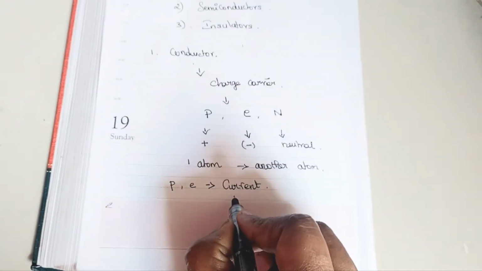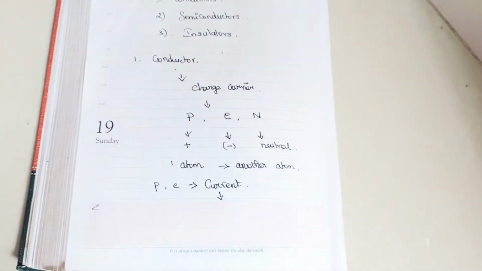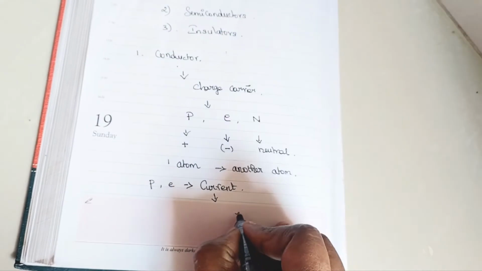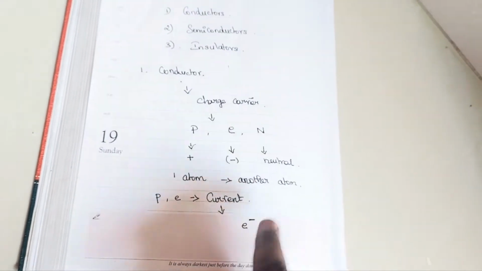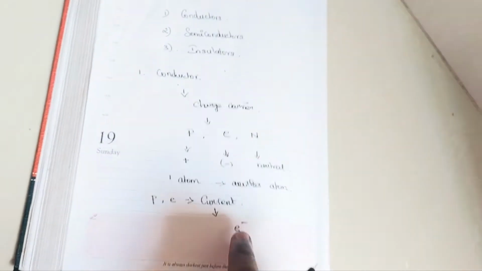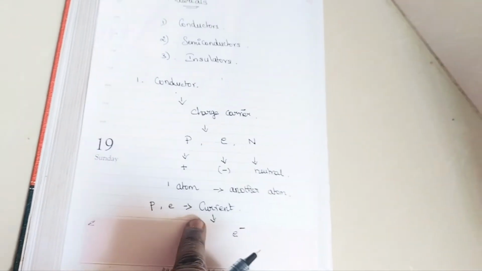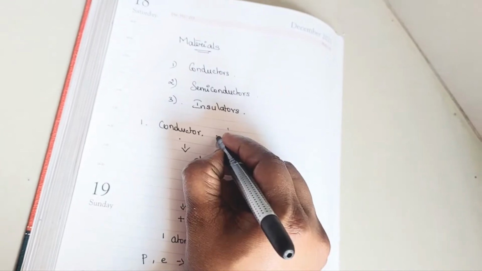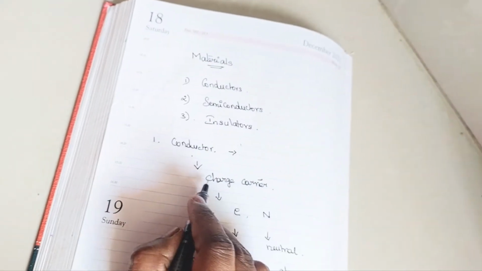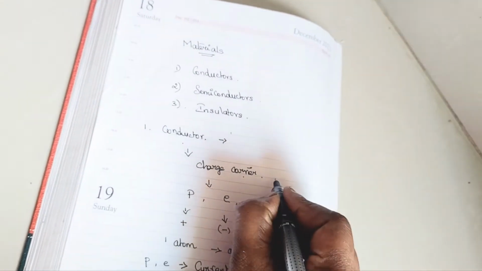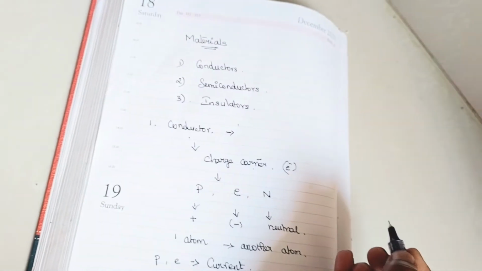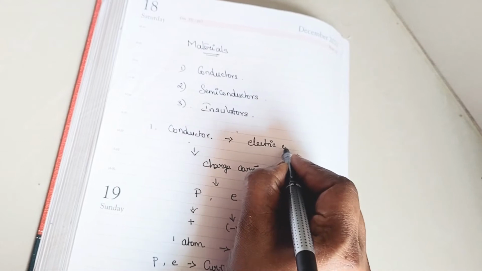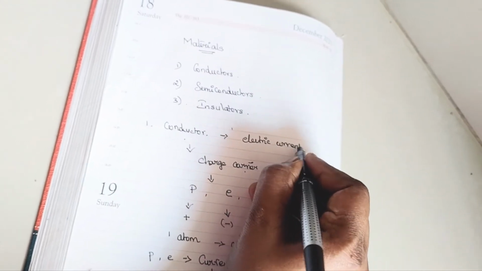What is current? Current is the flow of electrons, negative charge, so E minus. Flow of electrons or charge carriers is nothing but current. So the conductor allows the charge carrier, the electron, or electric current. That's why it is called a conductor.